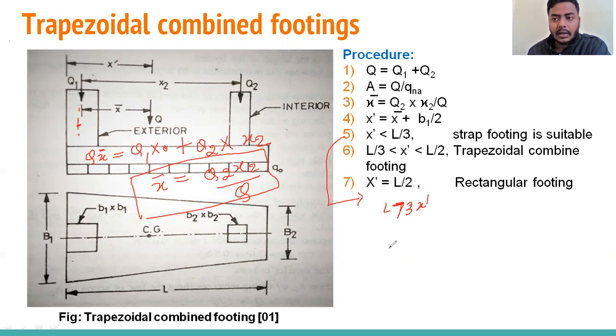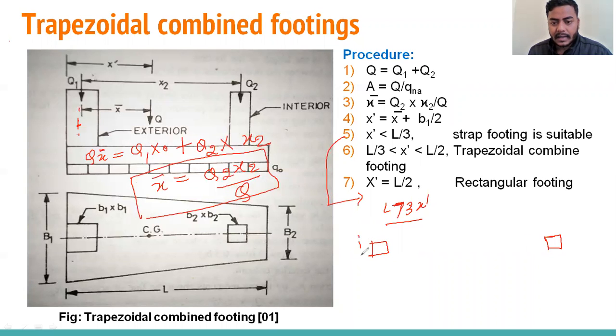So to avoid the uneconomical design, or to make it economical, we will design the strap footing. What is the meaning of this? See, this is the condition L is greater than 3 times x dash. It means one column is here and one column is here, right? So designing a combined footing would be uneconomical.